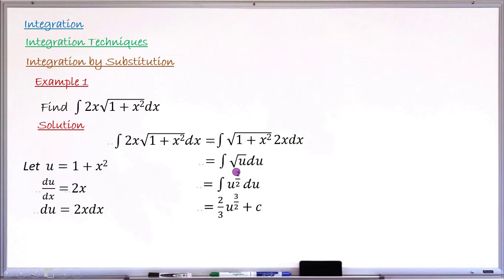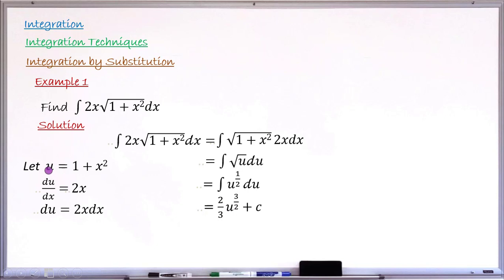And we are dividing by that 3 over 2, which we change to multiplication by the reciprocal of 3 over 2, which gives us 2 over 3. Then plus the constant of integration. So this is the integral of u raised to half with respect to u. What you now do is take your u back.